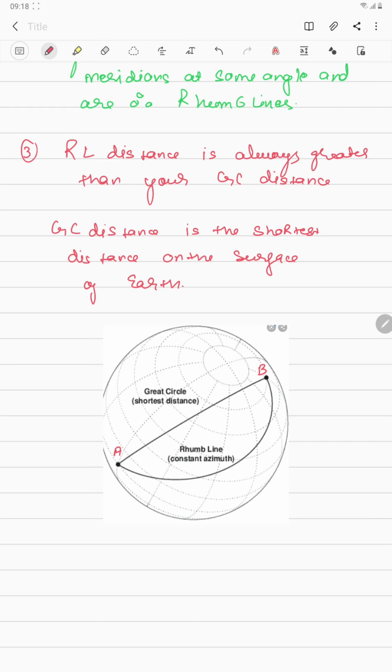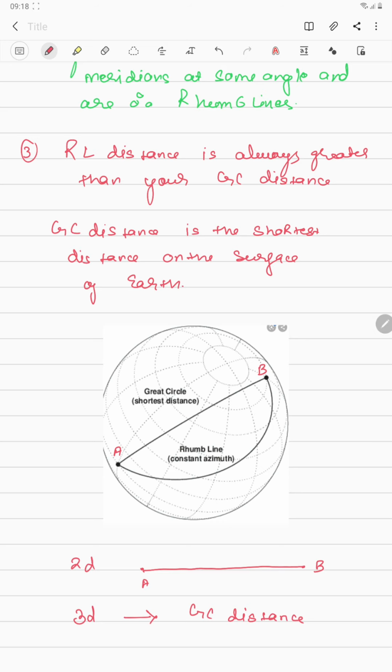I have told you in my great circle video that if you have to travel from point A to point B, a straight line will always be the shortest distance between the two points in a 2D image. But if I check it in 3D, a great circle will be the shortest distance between the two points to travel on the surface of the earth. So on the 3D image, great circle distance will be the shortest distance.